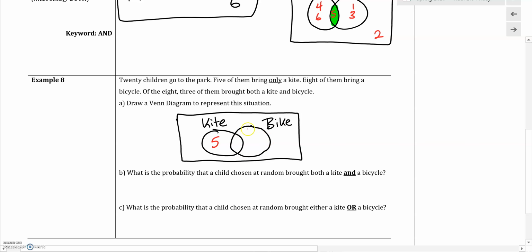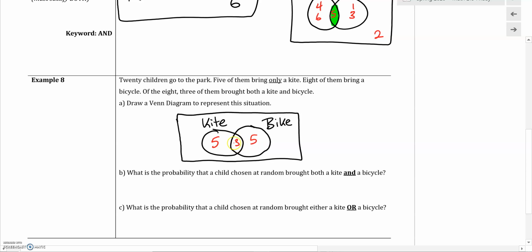So of the 8 kids in this bubble, 3 belong here, where they are in the kite bubble as well as the bicycle bubble. And since this whole bubble had to contain 8 kids, and I've already got 3 accounted for, that means there must be 5 more kids that brought only a bicycle. Again, that way there's a total of 8 kids that have a bike.